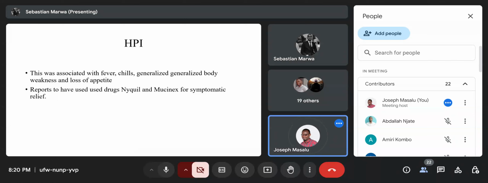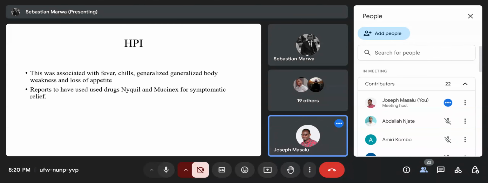For example, one, it involves the palms and soles. If you see any rash involving palms and soles, you shouldn't waste your time. Go on whatever search engine you're using, Google or ChatGPT, and type in to see the differential diagnosis. It is not that broad.